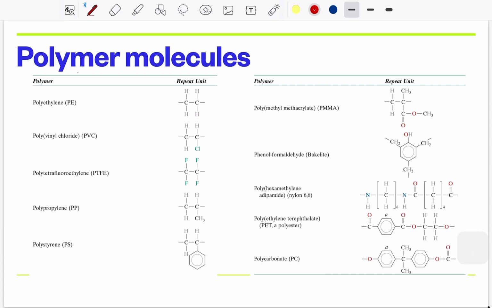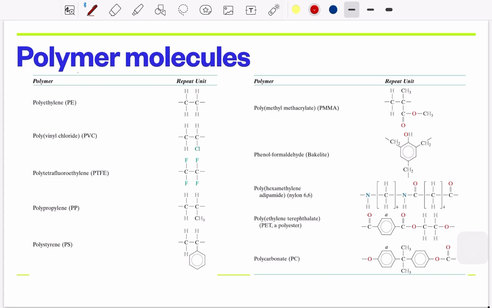You can find polypropylene in your bottle, right? If you check the name, usually it says PP, that is polypropylene. And polystyrene, of course, is in your styrofoam and others that have that structure.